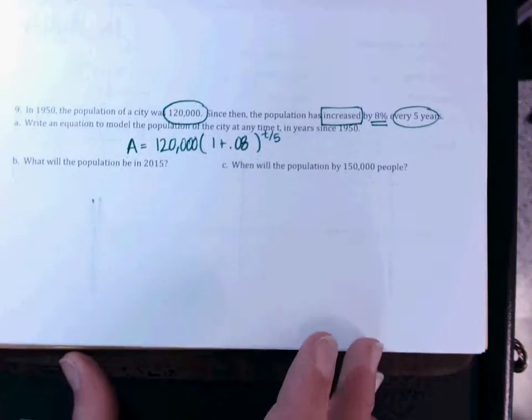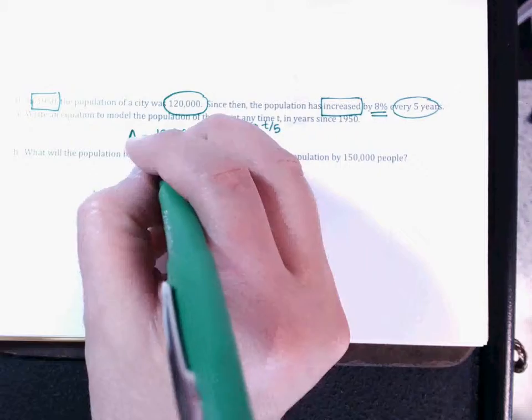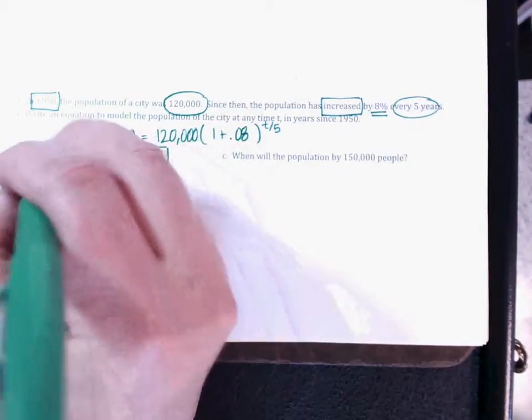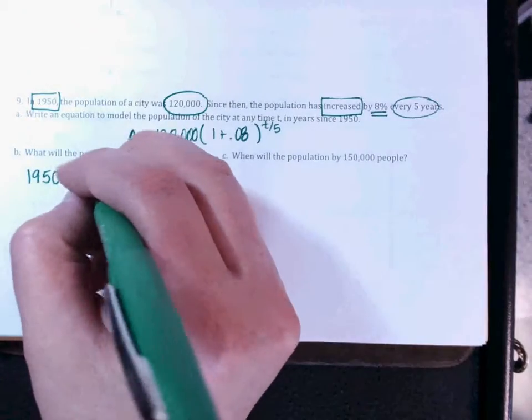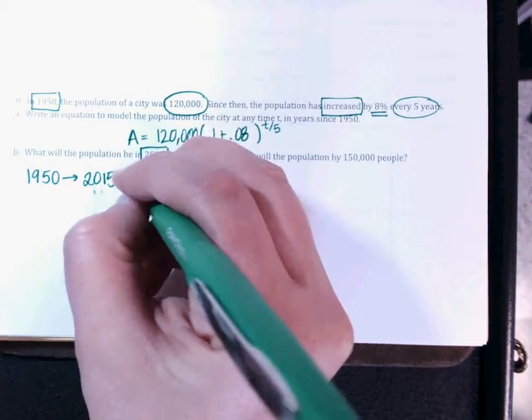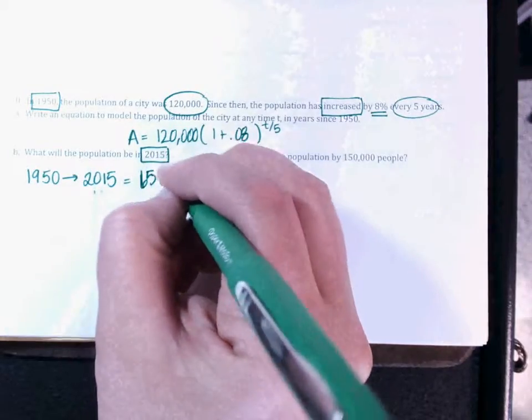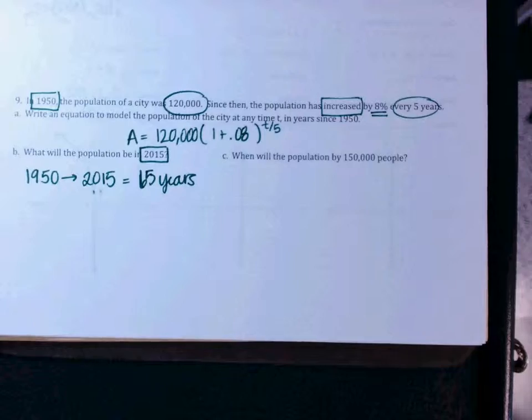How many years have gone by from 1950 if I want to get to 2015? Good. So 1950 to 2015, that's 65 years. And then remember, what am I going to do with this 65? I'm going to plug it in. Will it be an A or a T?